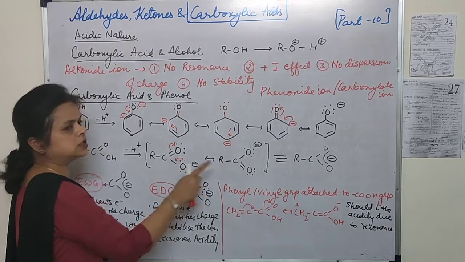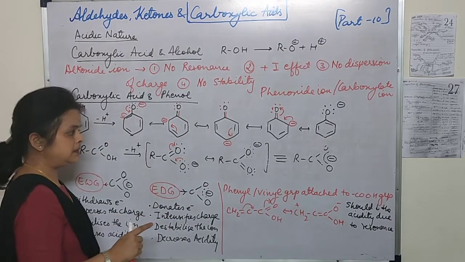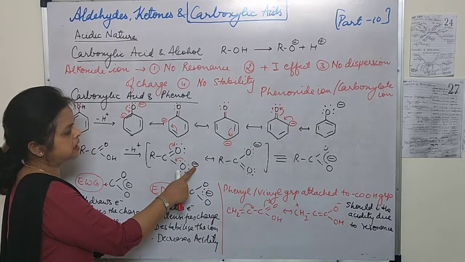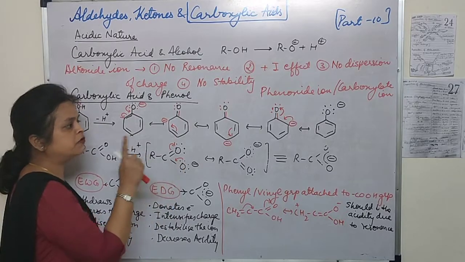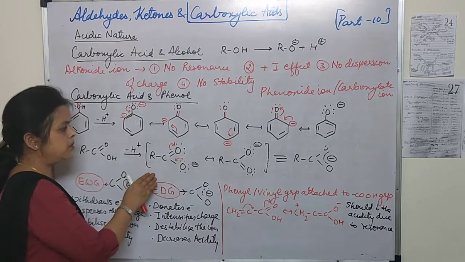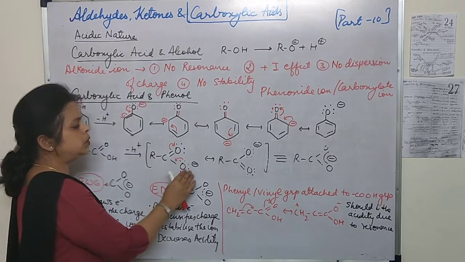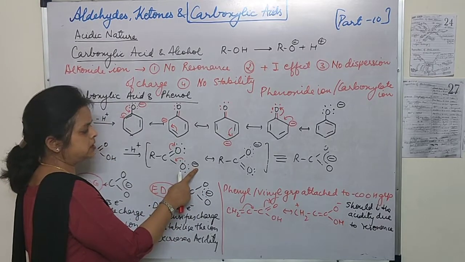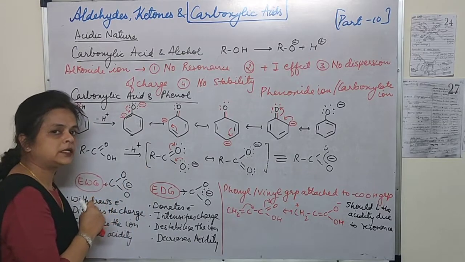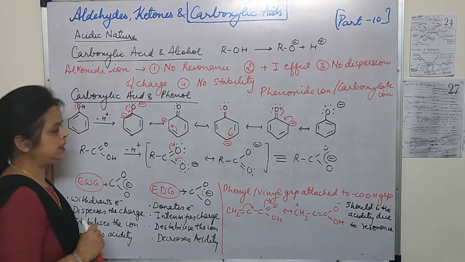The resonating structures are equivalent. And second point, the negative charge is present on the more electronegative oxygen atom. So first point you will write: in the carboxylate ion, the two resonating structures are equivalent, and the negative charge is present on the oxygen atom, which is more electronegative.